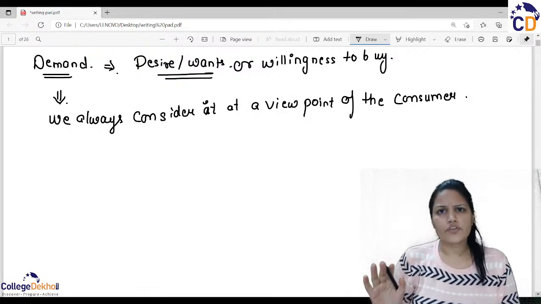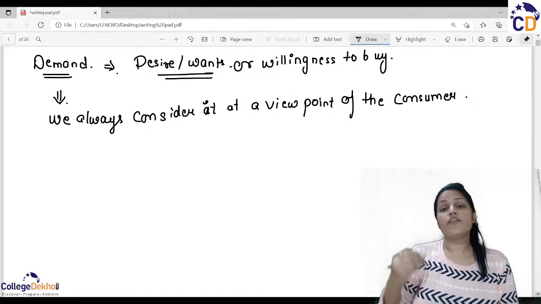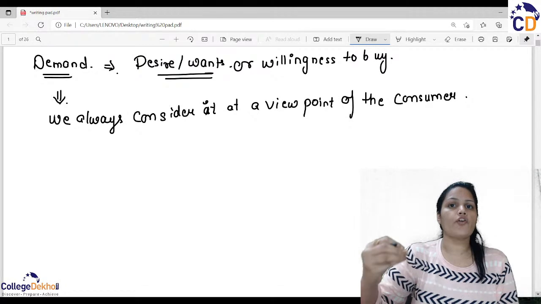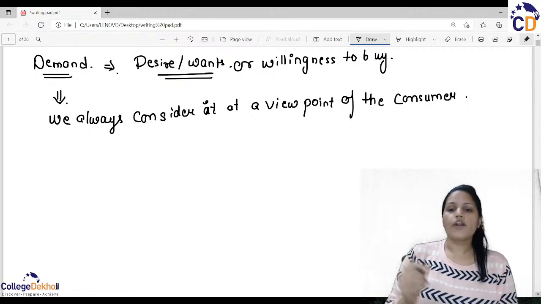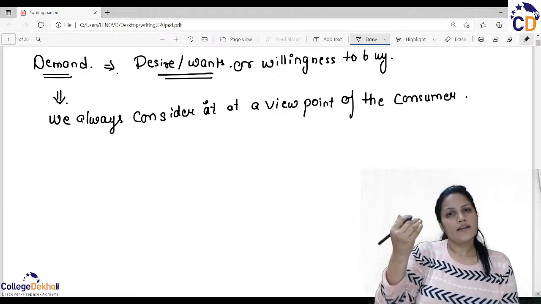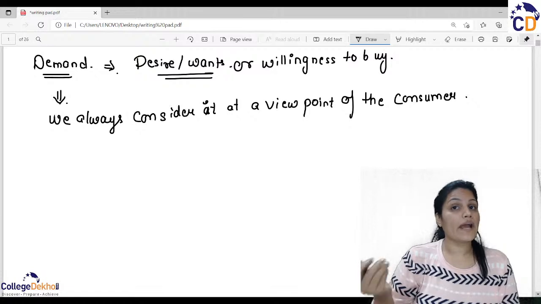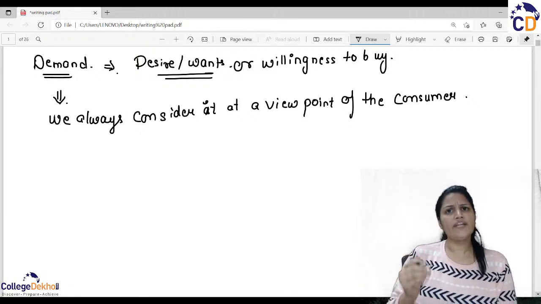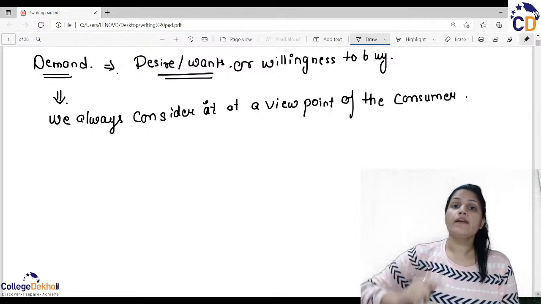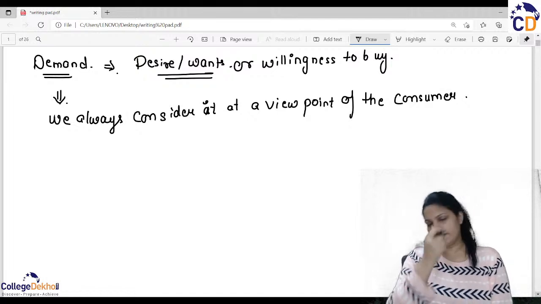To be very frank with you guys, as buyers we are never going to pay more for any item. What we actually want is to pay less price and demand more items, and vice versa. That is, when we are ready to pay high, we demand fewer items.